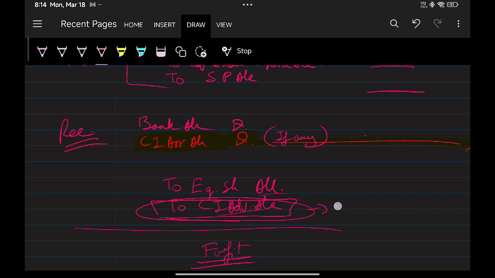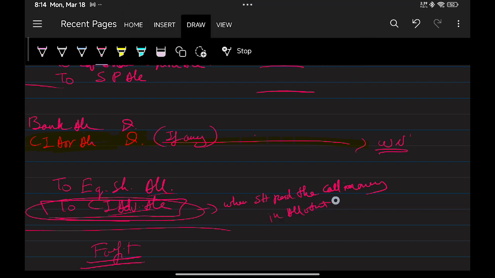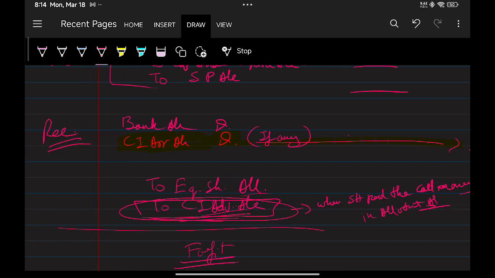When will this come? When a shareholder paid the call money of another call in allotment, it is called calls in advance, that we should credit in the allotment account.